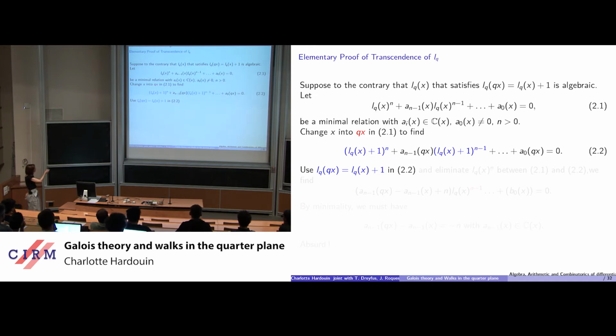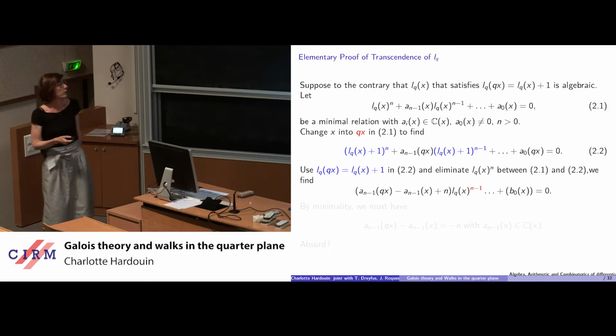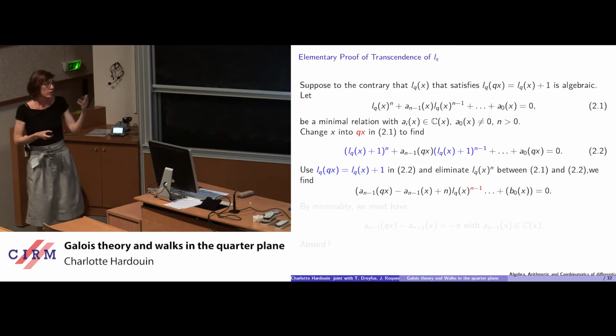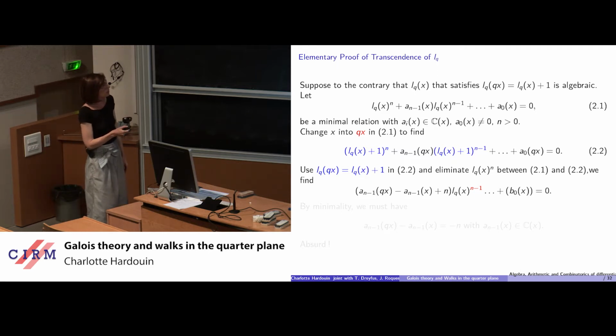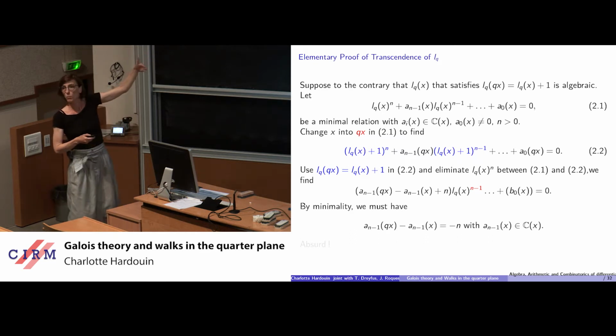Then you can eliminate the leading power between these two relations to find an algebraic relation of order strictly inferior to your minimal relation. So by minimality, this algebraic relation must be completely trivial, and it means that all the coefficients must vanish, and especially the first one.